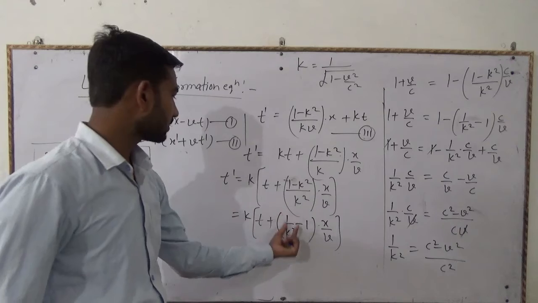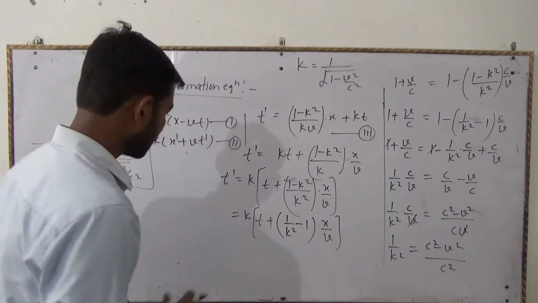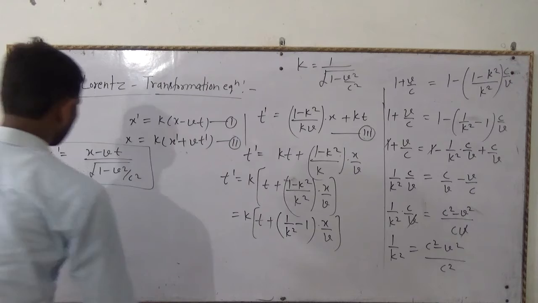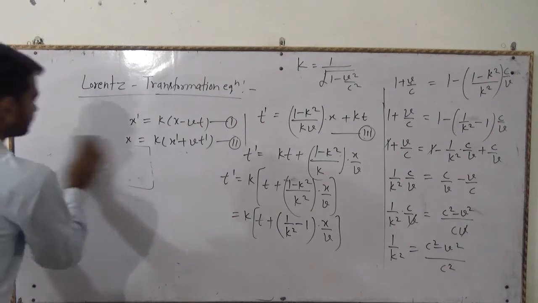Now the value of 1 by k square we can place here.